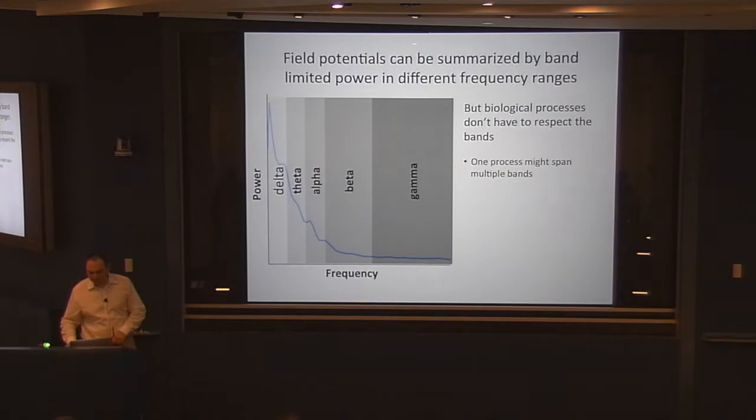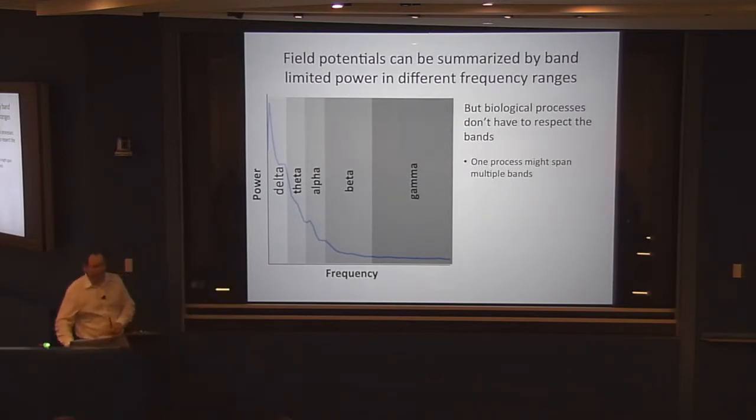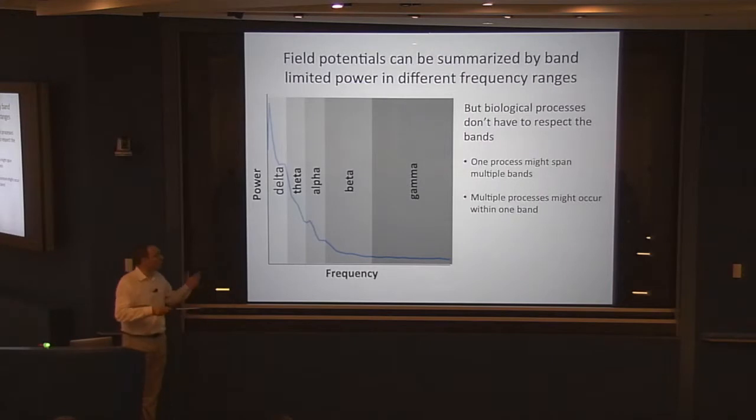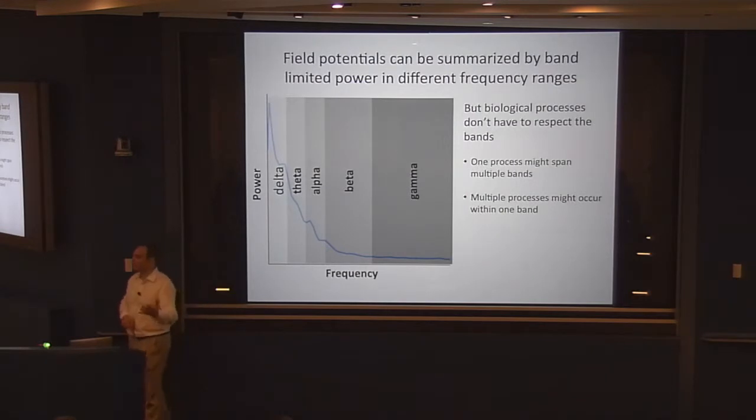And they can disrespect it, so to speak, in two ways. You could have a process that spans many frequency bands. It's not confined to a band. You could also have multiple processes within one band, and measuring the power in that band may mislead you if you want to attribute it to a single process.